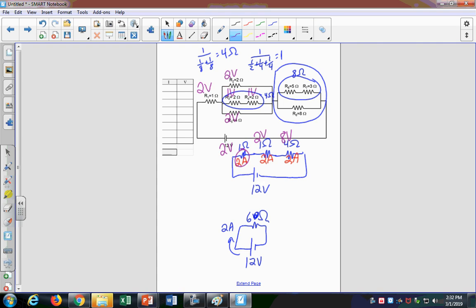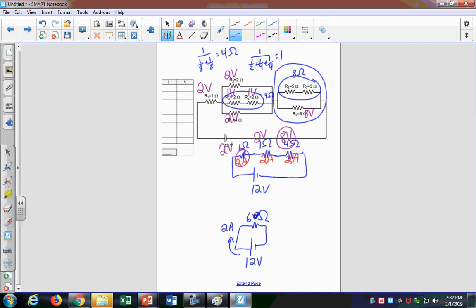Y'all follow me on that? I don't have to go through the whole business of finding the current because they're identical resistors. Now this last part, I know that I have 8 volts here, and then I need to figure out what is the voltage on each of these. But these numbers work out pretty easily because I have 8 volts across 8 ohms, so I'm going to have 1 amp of current.